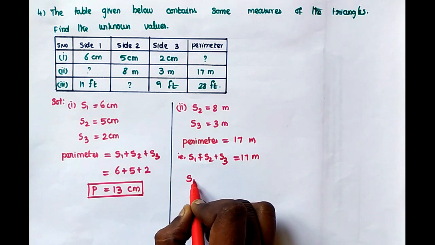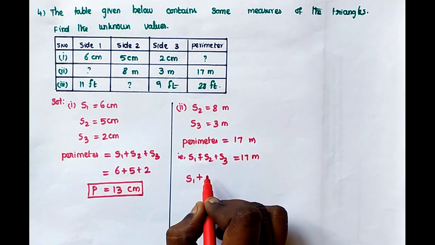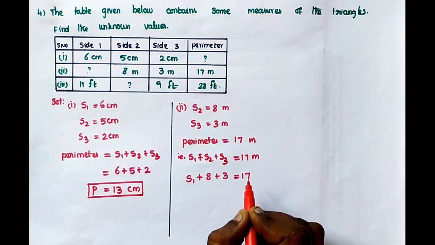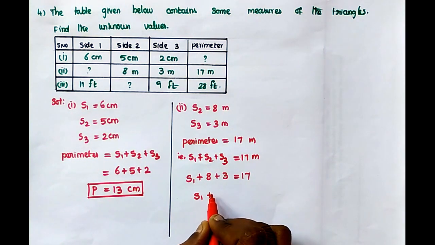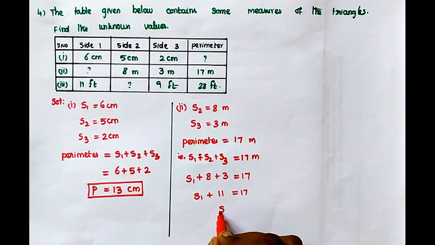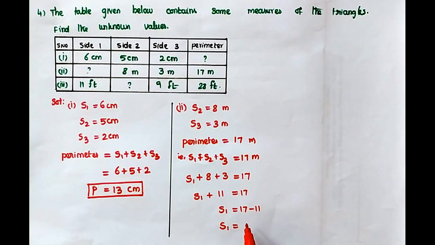S1 we don't know, write down as it is, plus S2 is 8 plus 3 equal to 17. So S1 plus 8 plus 3, 11, equal to 17. So S1 equal to 17 minus 11, we get 6 meter. That is the side 1 value.